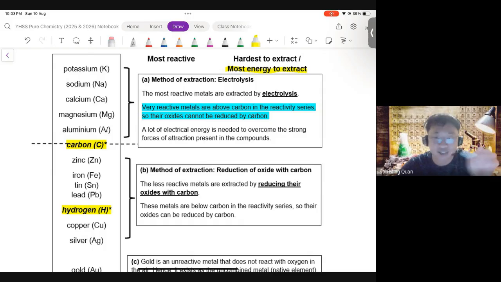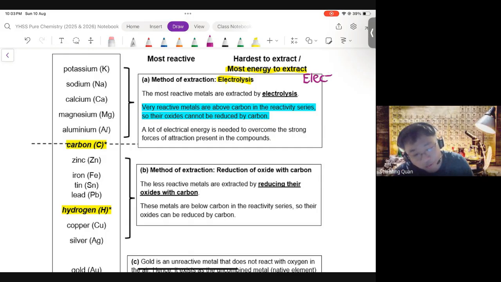K+ doesn't want to go back to K. It needs a lot of energy to do that. And that energy needs to come in the form of electricity. So actually, metals above carbon need to be extracted using electricity, and this is called electrolysis. We need to use electricity to break down the compound. So this word electrolysis has two parts to it.